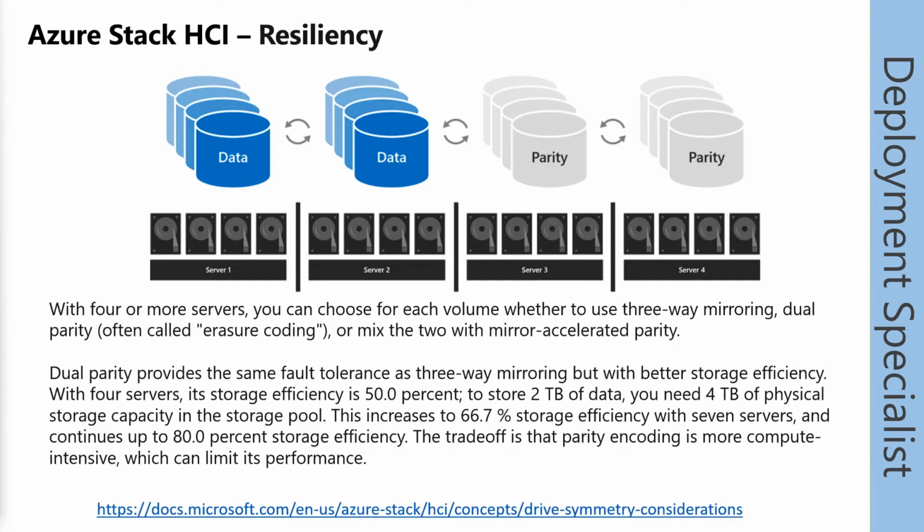Important is to understand, if we have 4 servers, 5 servers, 6 servers, we can survive 2 simultaneous independent failures. 2 servers can fail, 2 hard disk drives in 2 different servers can fail, but it's not okay to have 2 servers failed and an additional disk failure in an additional server.